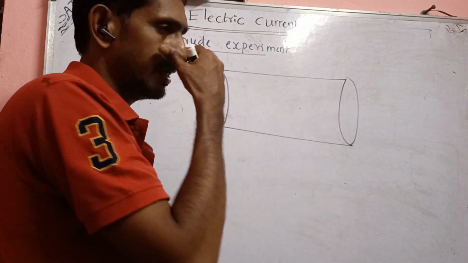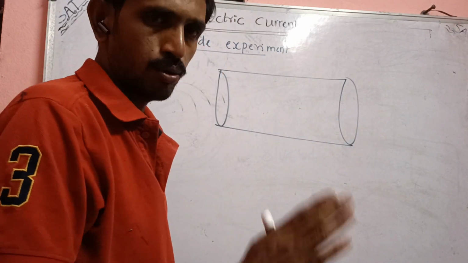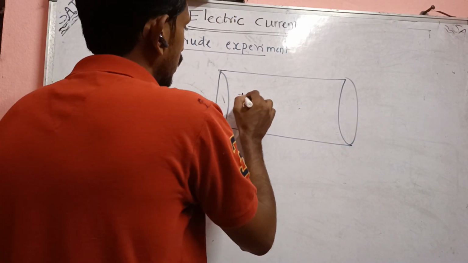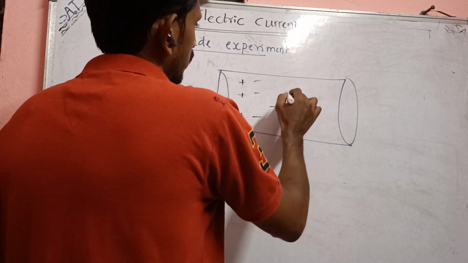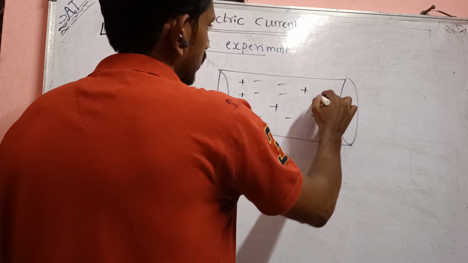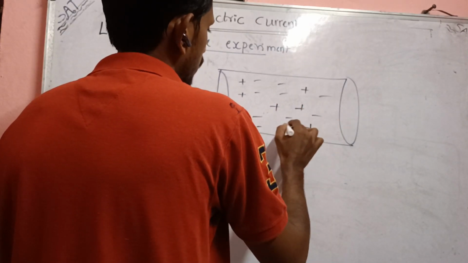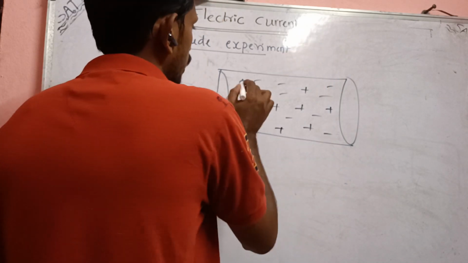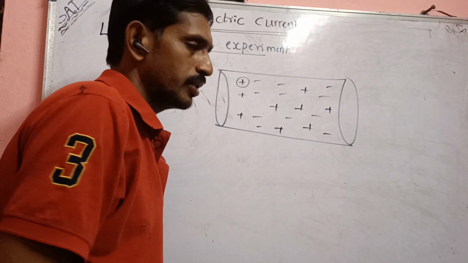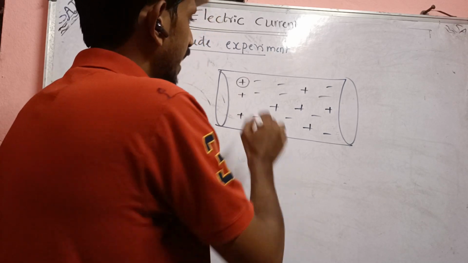As I just said, in the general condition at room temperature, it has positive charges and negative charges. So n number of free electrons are there. The positive charge does not move. It is a lattice point here.